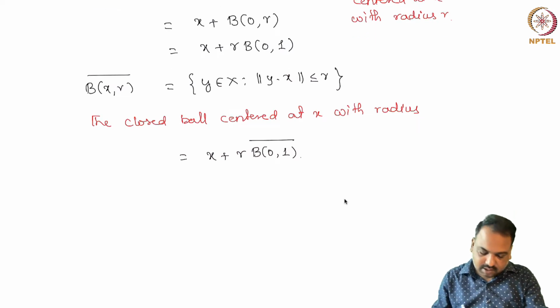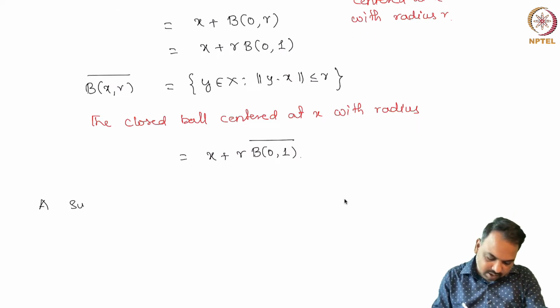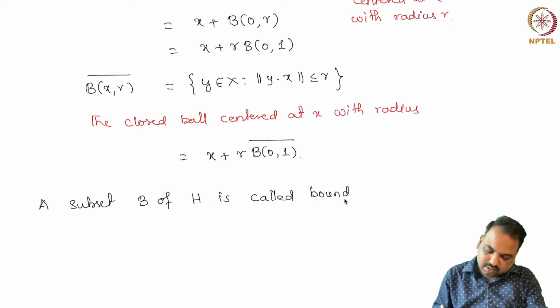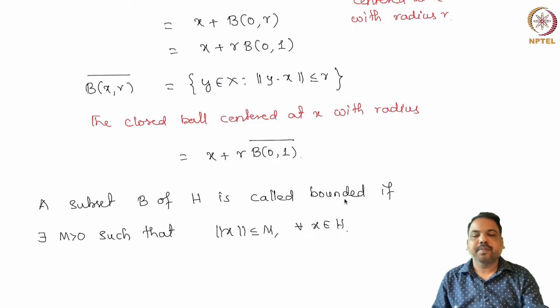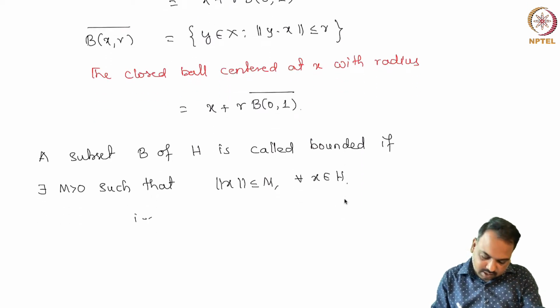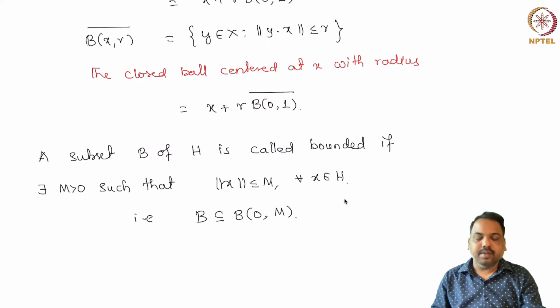Let us define what a bounded set is. A subset B of H is called bounded if there exists some positive m such that the norm of x is less than or equal to m for every x in B. In other words, the set B is completely inside the closed ball centered at 0 with radius m, because we are saying the norm of x is less than or equal to m.